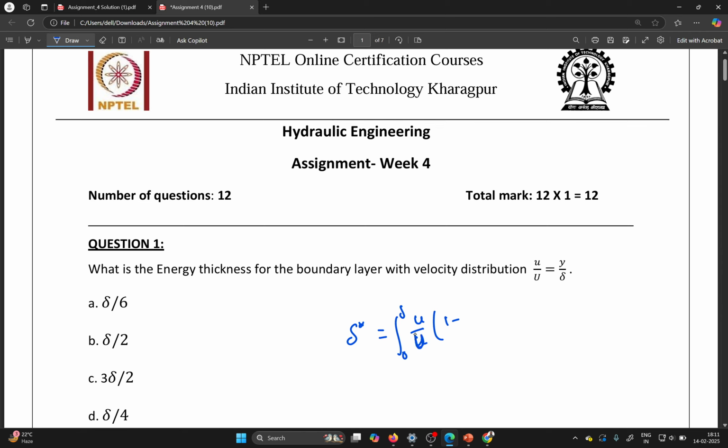Here is a capital U, so you need to put the value of u by capital U here. So y by delta, 1 minus y square by delta square, and here is dy.